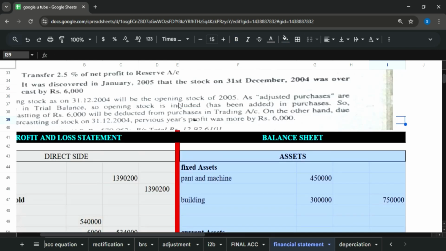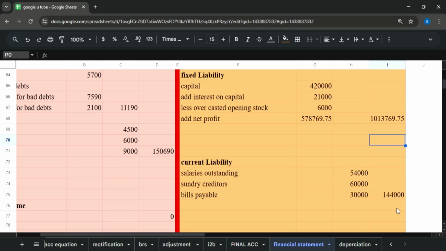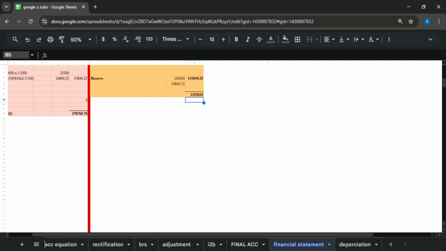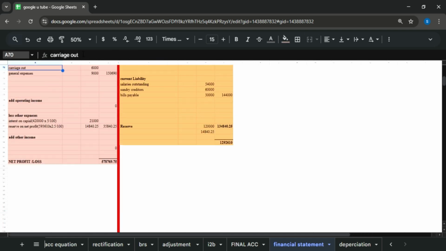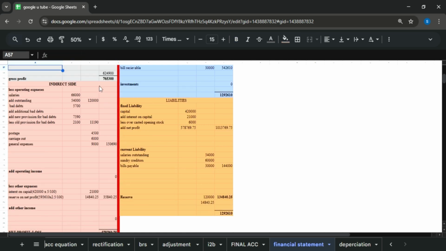So here we have 1292610, and answer given is 1292610. Our asset side is showing 1292610, and our liability side is showing 1292610. Okay guys, so here we have learned few lessons. One, if the answer of gross profit 765,300 is present but the answer of net profit is not present, that's not a matter of worry.